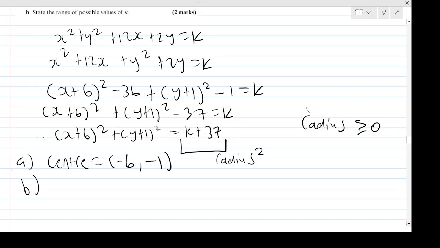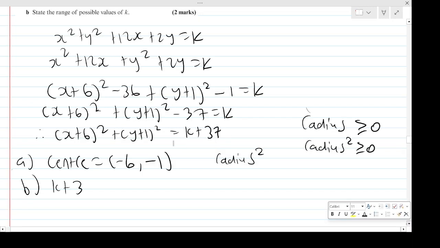With that in mind, if the radius has to be above 0, then radius squared has to be above 0 as well. That means k plus 37, which is the expression for radius squared, because remember, the equation equals r squared, has to be at least 0.